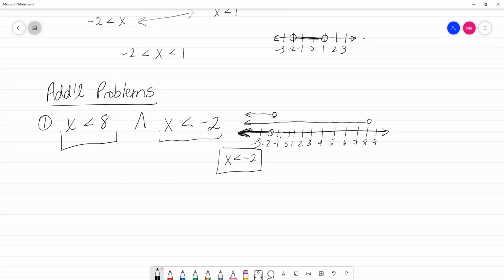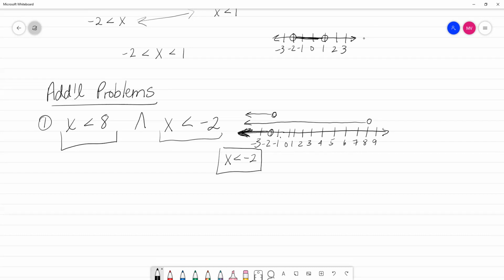It's gone because it's not true for X less than -2. What you're trying to do is find what values for X make both these statements true. So X has to be less than 8, but it also has to be less than -2, which in this case is easy because as long as the number is less than -2, it will also be less than 8. Because -2 is already smaller than 8.